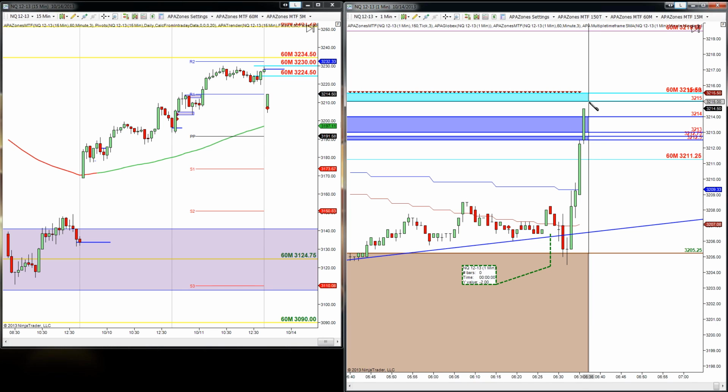It'll be interesting to see what happens here at the Globex high, but I kind of expect it to blow through it. Or if it does, maybe a shallow retracement.